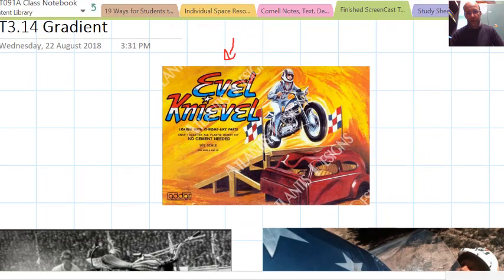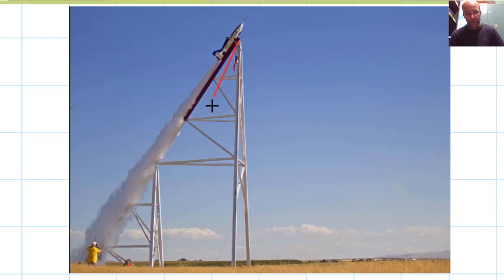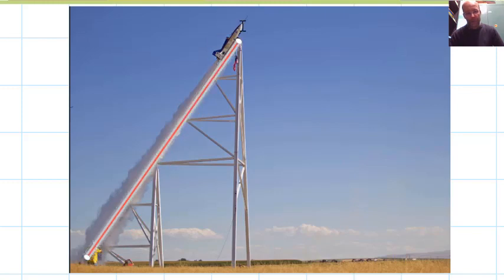So a gradient is basically the slope of a line. Which line are we talking about? Well, in this case it's the slope of that line, the surface of the ramp, whether it's motorbike or a rocket. It's made up of the comparison of rise versus run.